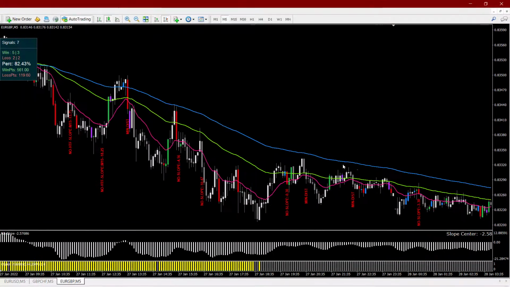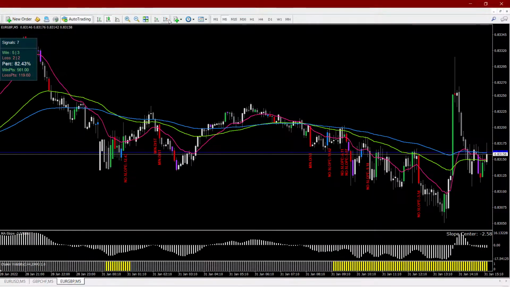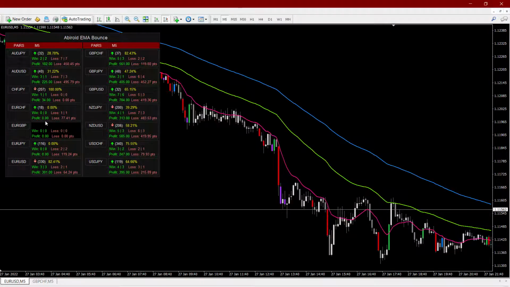Like for instance, if we go back, then right here, these are good trends when these moving averages separate. And the scanner will show you when a particular pair is in a good trend, you'll get a better percentage. And these very low percent values are when the market is not in a good trend.